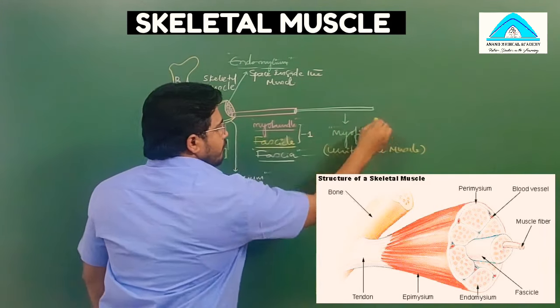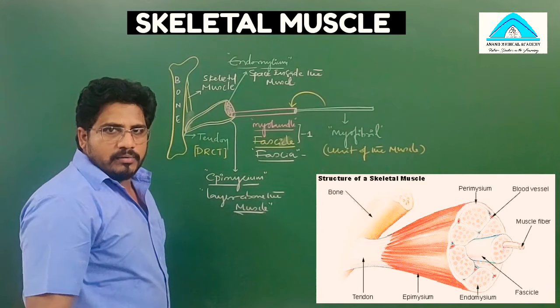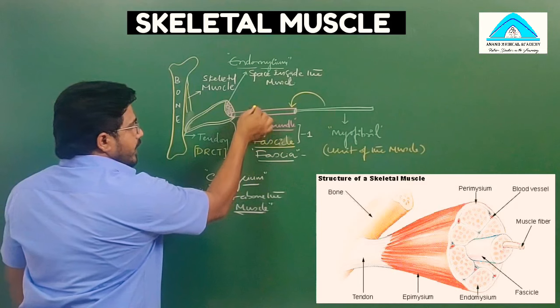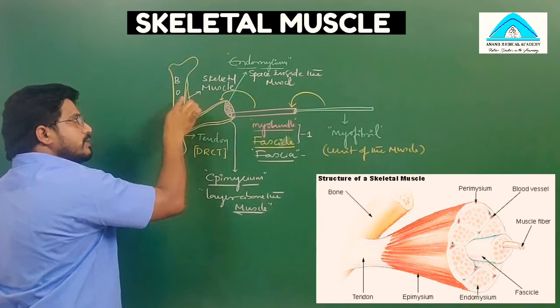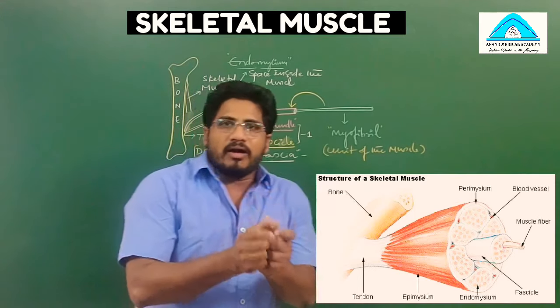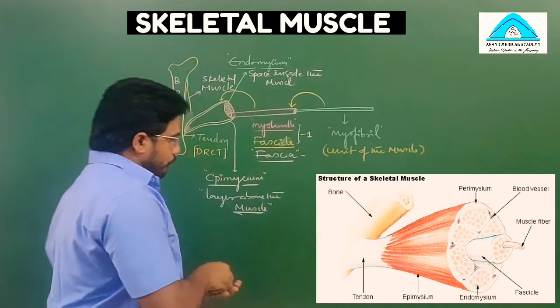So, n number of myofibrils together form one myobundle or fascicle. N number of fascicles form one muscle. All muscles together form one organ which helps in movement with the help of the joints or bones.